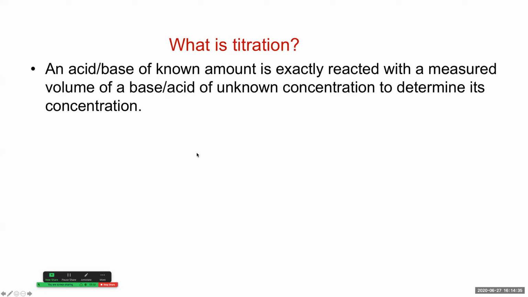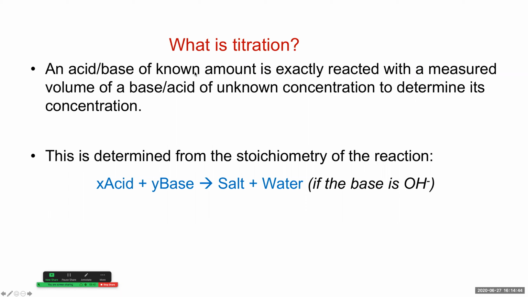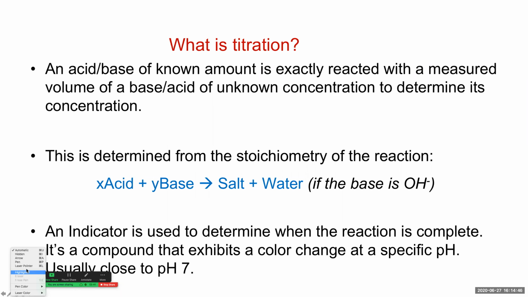So a couple things. The acid or the base of known amount that you start with, this is called the analyte. Let me get my handy little pen up here. So the substance of known amount, we would call that, excuse me, it's not the analyte. It's called the titrant.